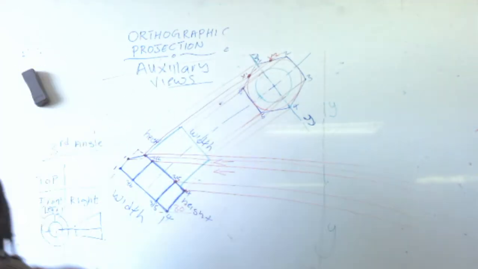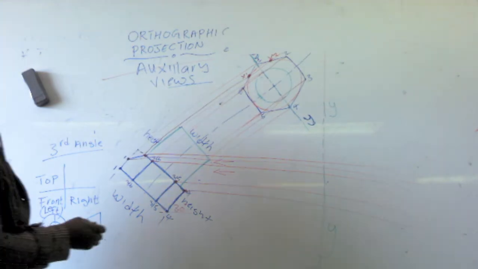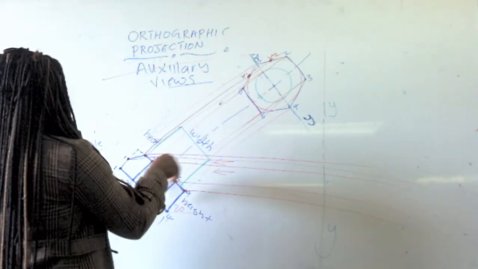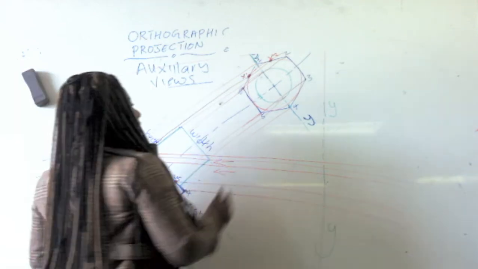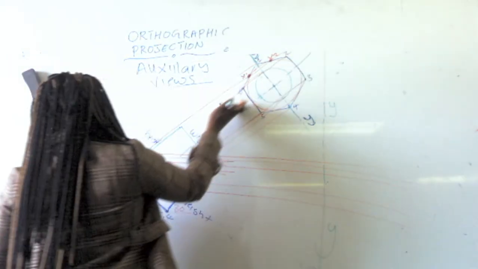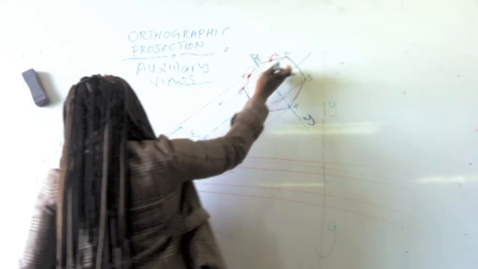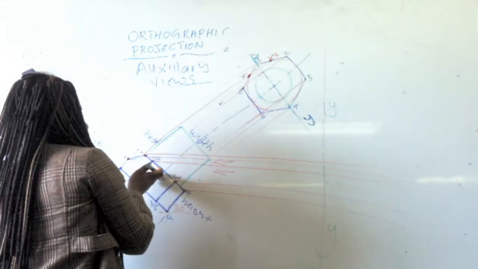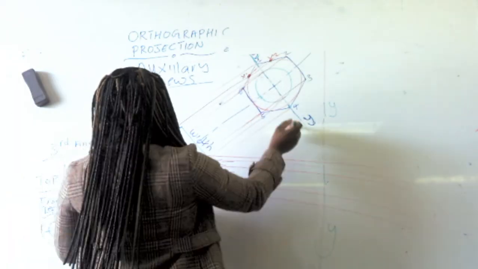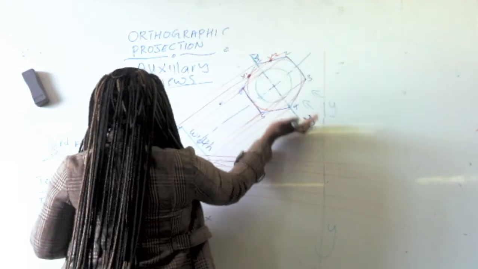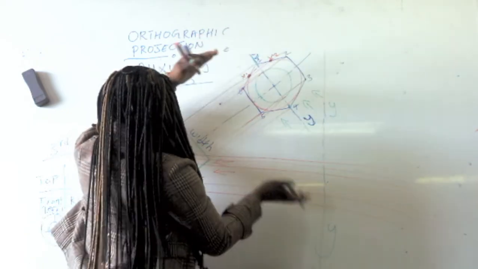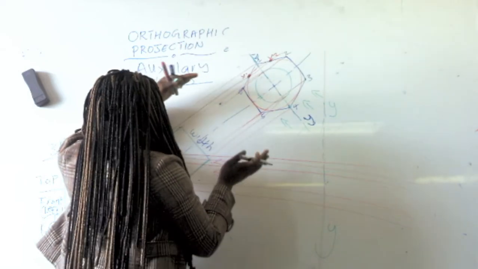And then what we do, when we are looking from the right hand side of this shape, when we go to the auxiliary view, the right hand side is the right hand side of this center line, not the Y line. You see this center line? Yes, ma'am. So right hand side, you see that it's this side of this center. It's right, left. Yes, ma'am. Stand like this, yes.